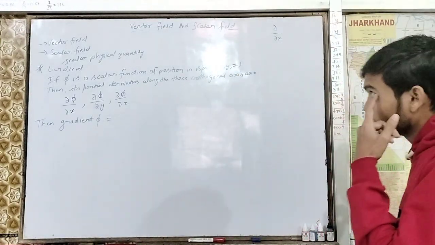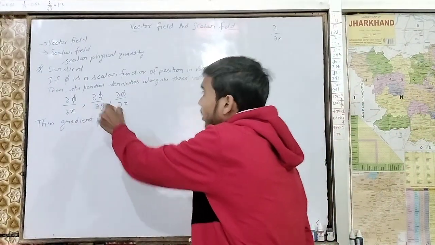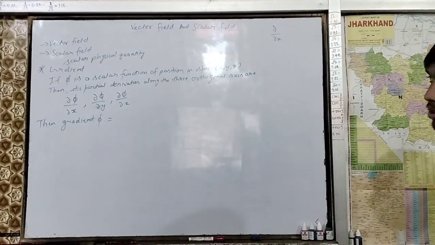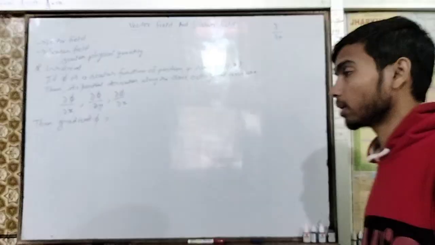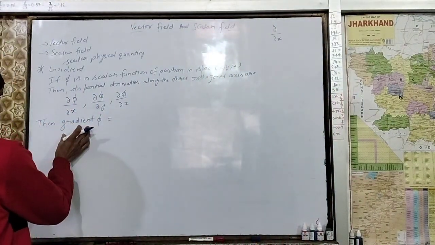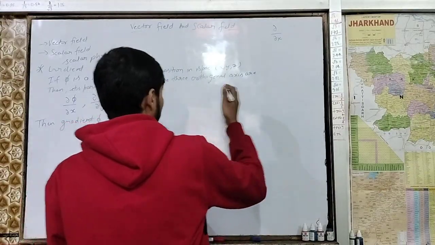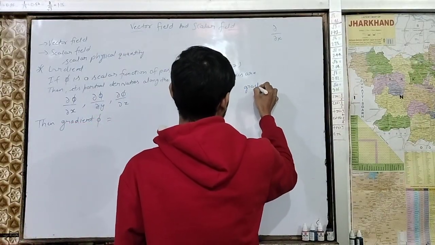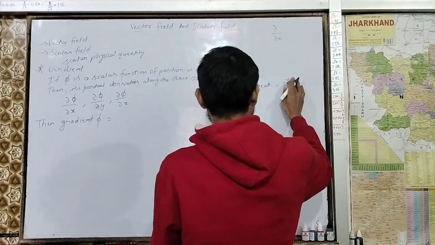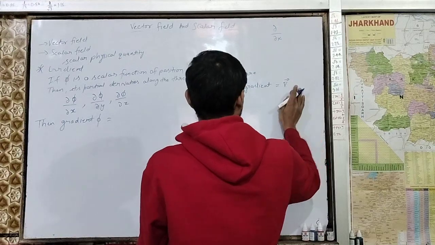So when we use the del operator, we write these three axes with addition: d upon dx plus d upon dy plus d upon dz. So gradient is nothing but the del operator.